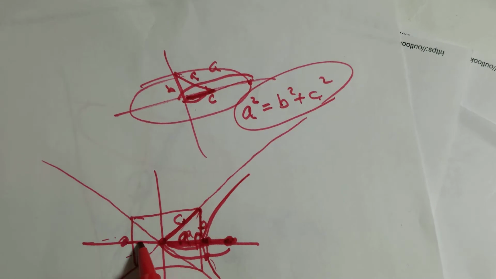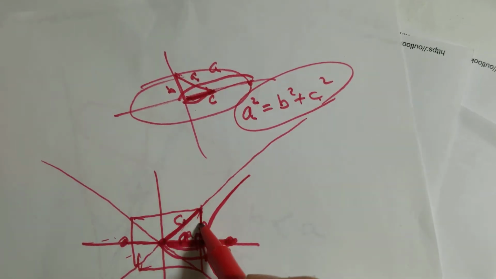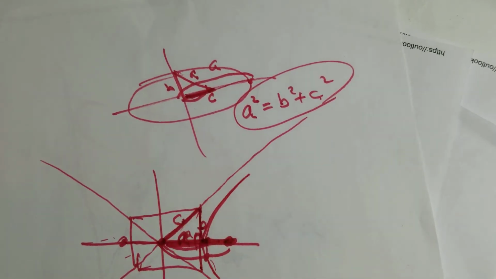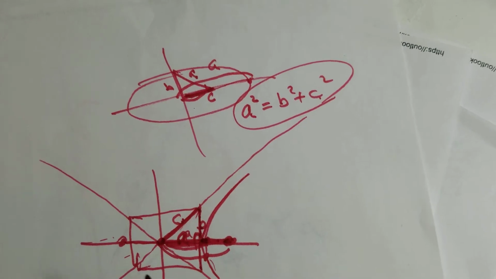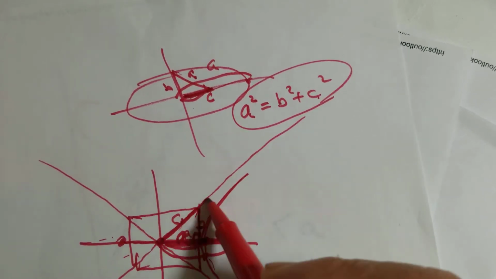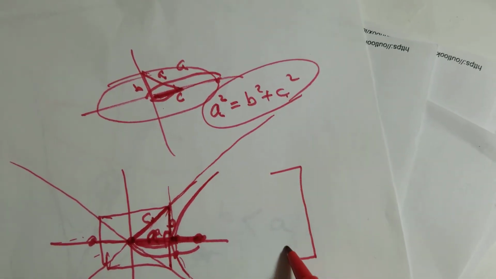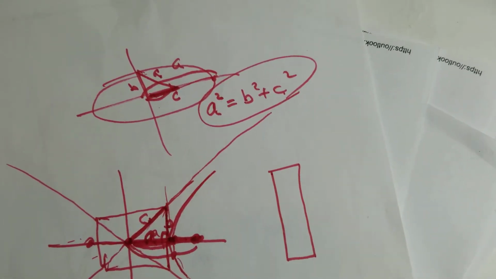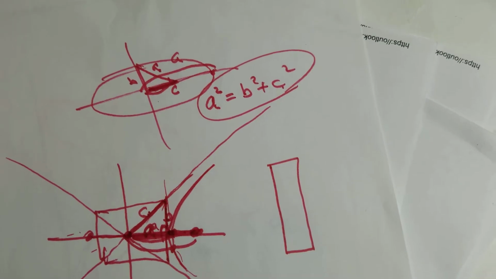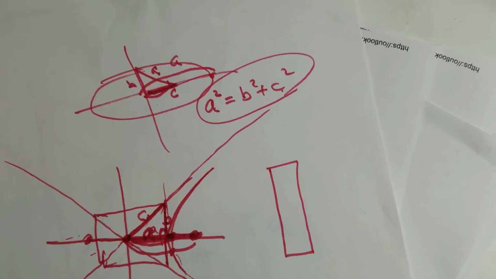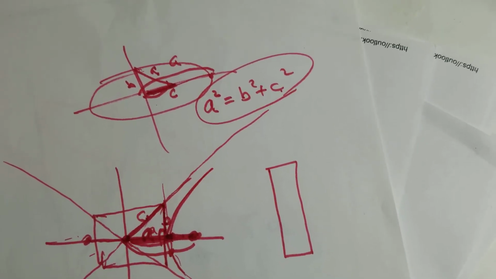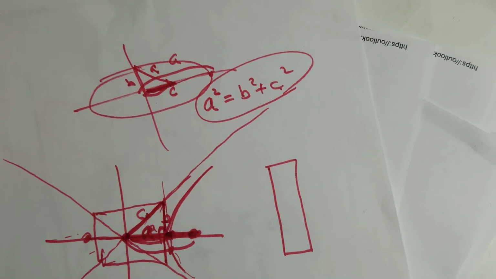I call it major axis and a conjugate axis, not minor, conjugate. Sometimes the conjugate, the B, is bigger. It depends how your rectangle is going to look. Therefore, you have to be very careful when you're talking about those asymptotes.